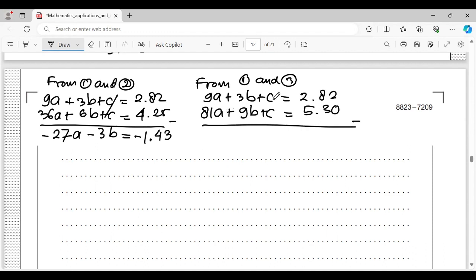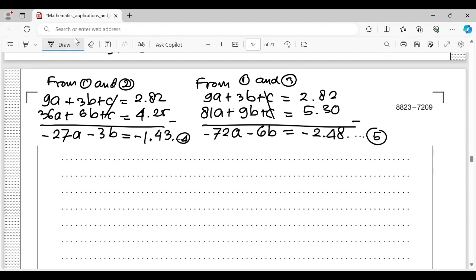Eliminate c, and it becomes minus 72a minus 6b equals minus 2.48. This is equation 4 and this is equation 5.